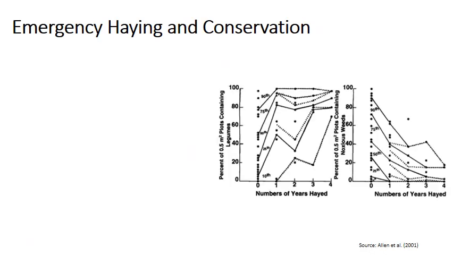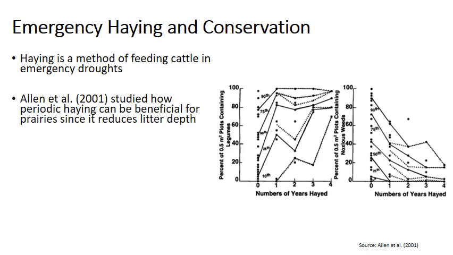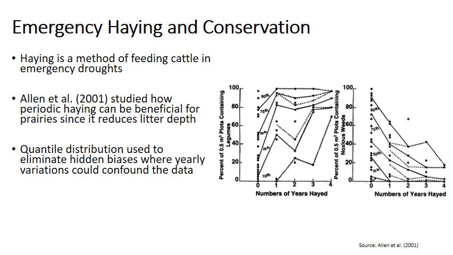Another conservation study had to do with emergency haying. So haying is a method of feeding cattle in emergency droughts. So it's basically moving cattle onto conservation prairies and letting them feed. Allen et al. studied how periodic haying can actually be beneficial for prairies since it reduces litter depth.